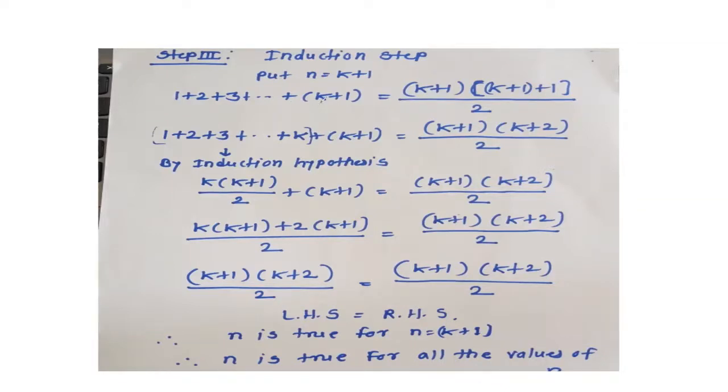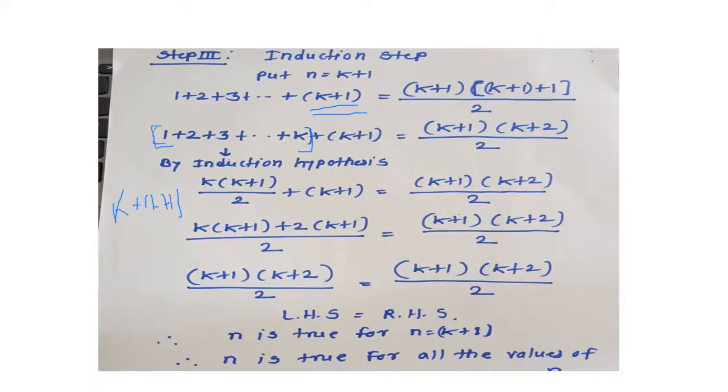Here, 1 plus 2 plus 3 up to k plus 1. What is the previous value of this k plus 1? The previous value is k. Next is k plus 1. So 1 plus 2 plus 3 up to k, and next k plus 1.